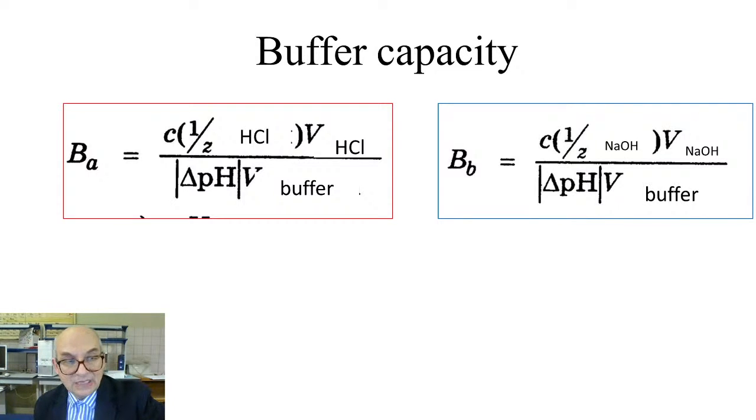Delta pH is 1. And using these formulas, you can calculate the value of buffer capacity.